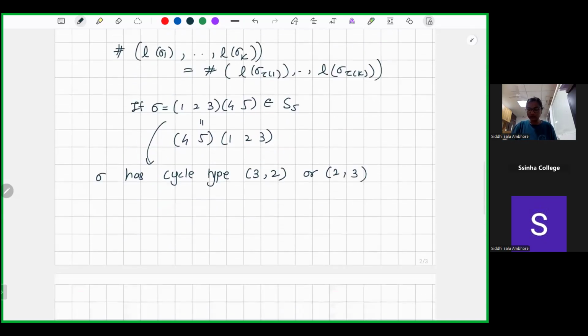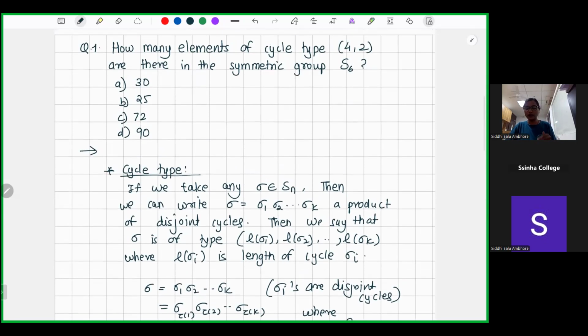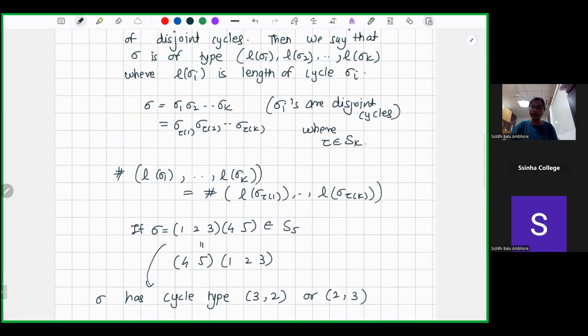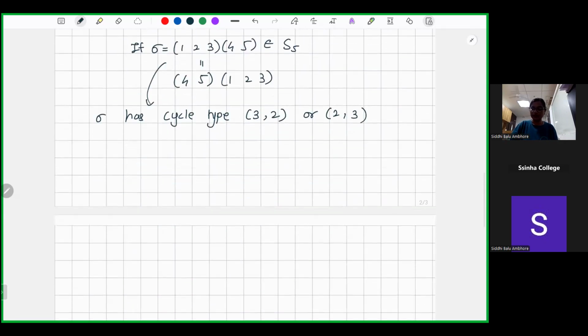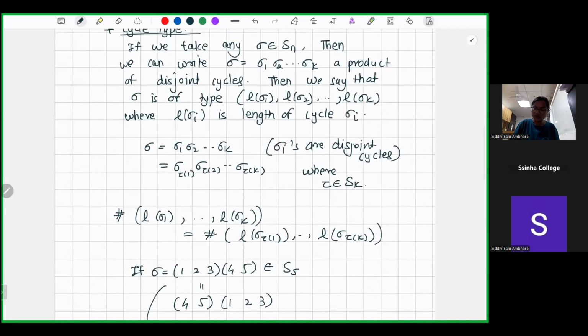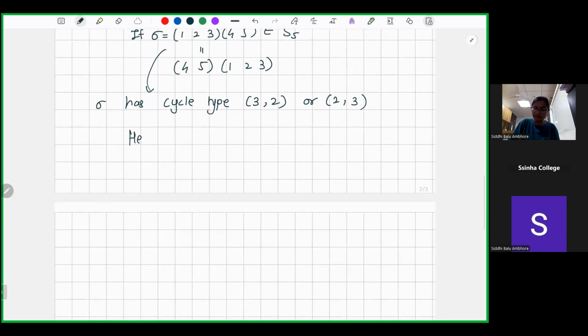Note that when we represent sigma as a product of disjoint cycles and say that sigma has a cycle type given by some tuple, the summation of the lengths of the sigma i must be equal to n.